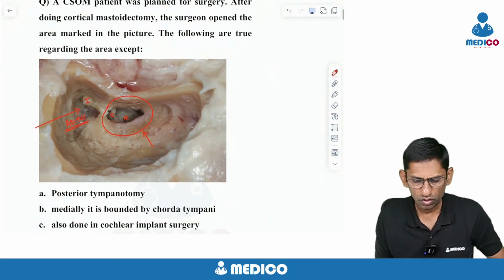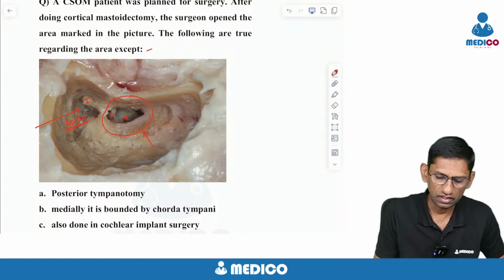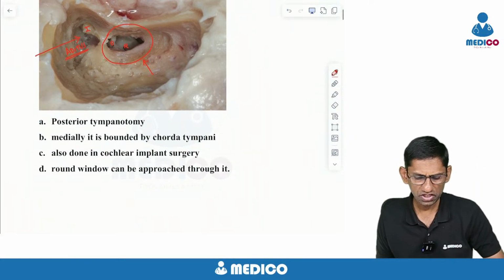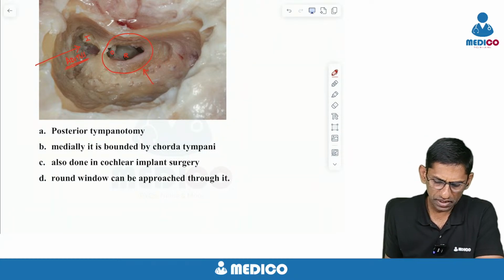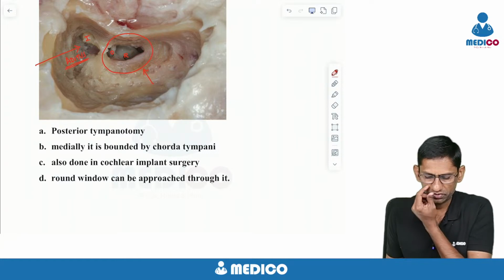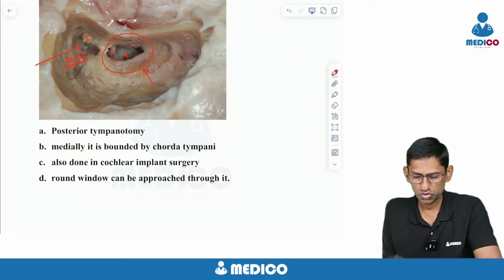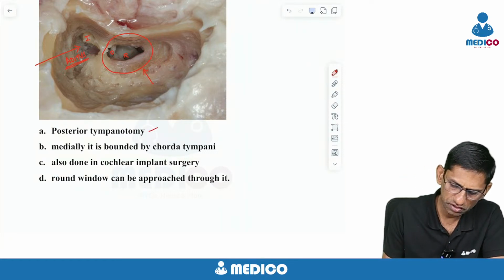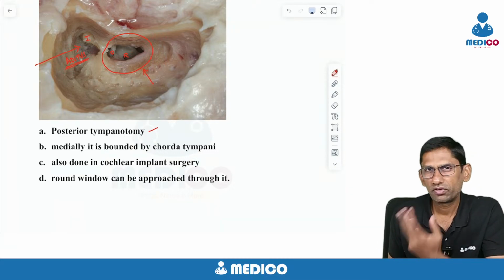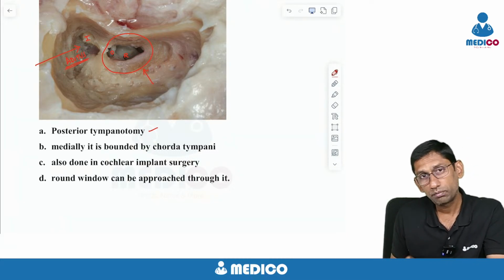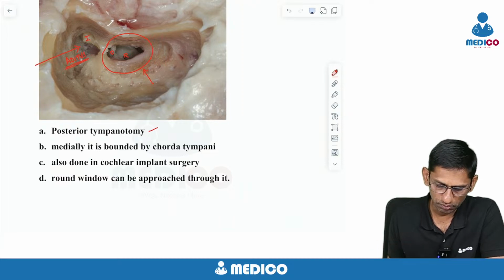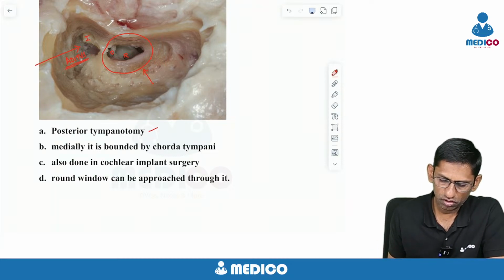The following are true regarding the area except: posterior tympanotomy; medially it is bounded by chorda tympani; also done in cochlear implant surgery; round window can be approached through it. So it is called posterior tympanotomy. Of course, it is present in the posterior wall, which is related to the mastoid. Medially, it is bounded by chorda tympani?